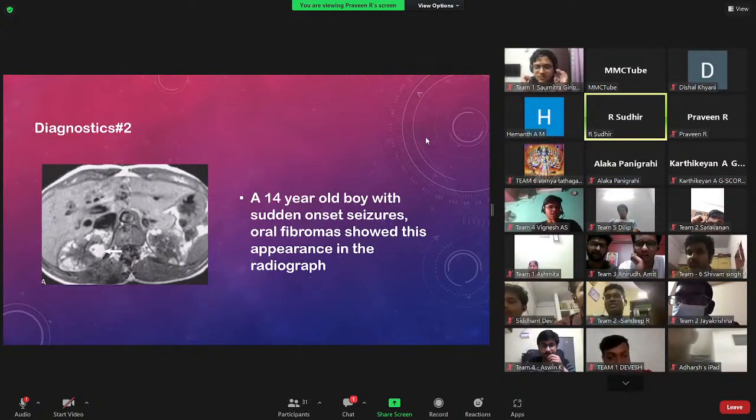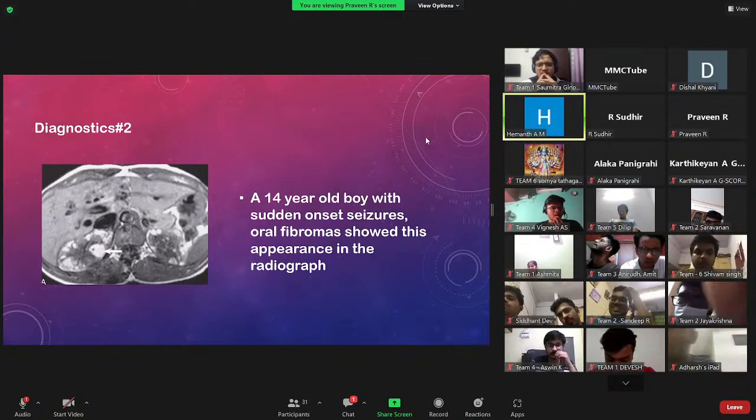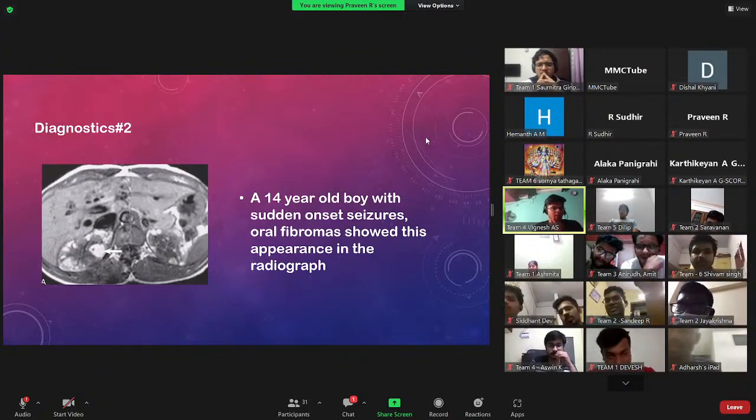No one has pounced. Okay, Team 4, can you answer? Yeah, this is a contrast-enhanced MRI, abdomen.